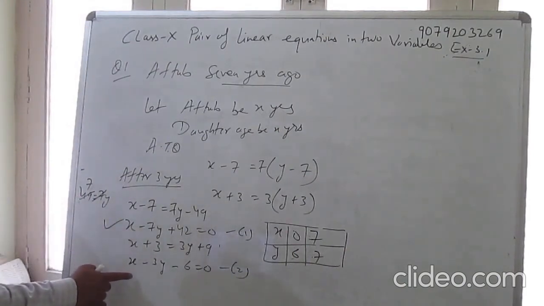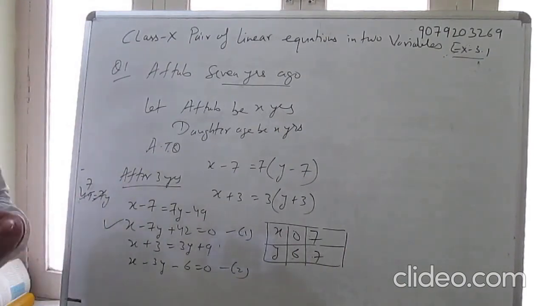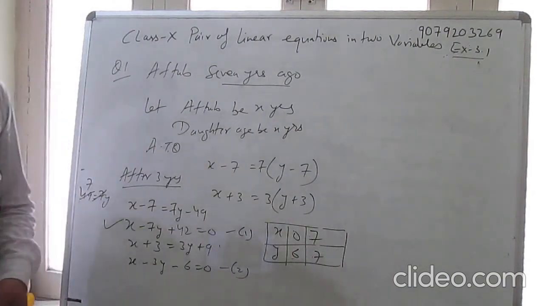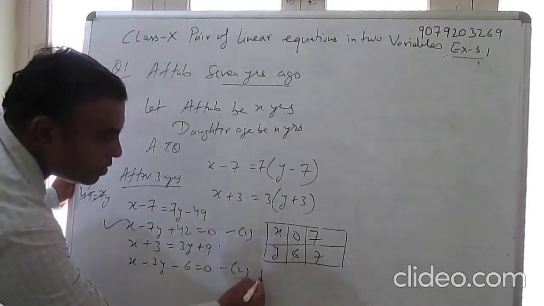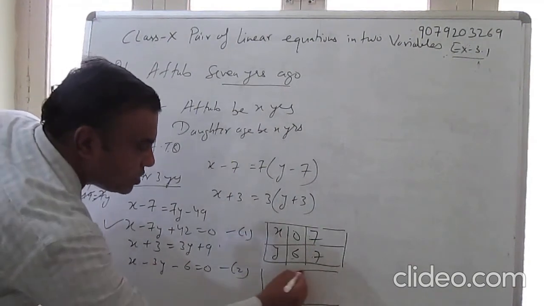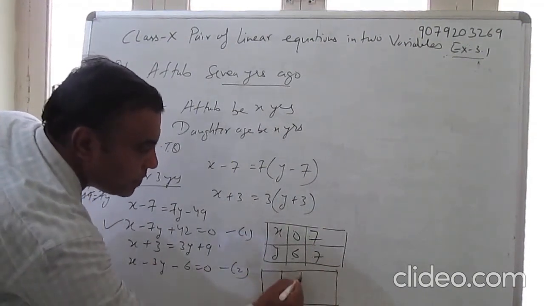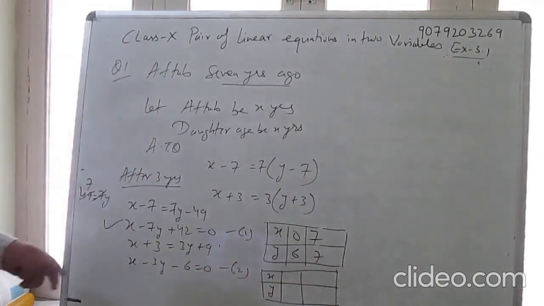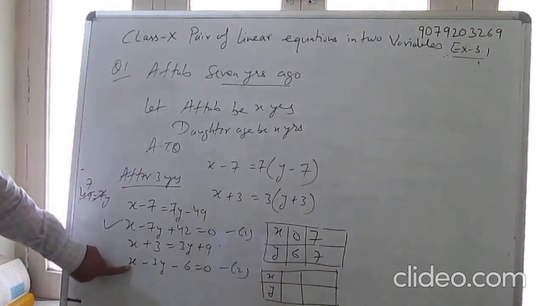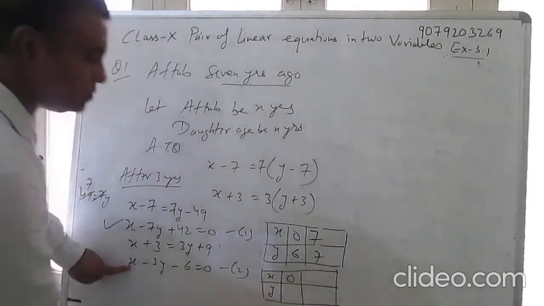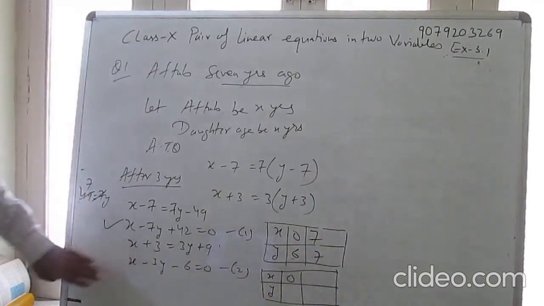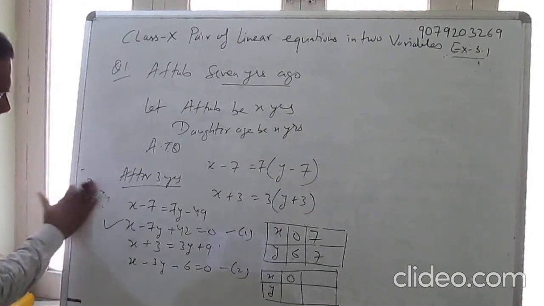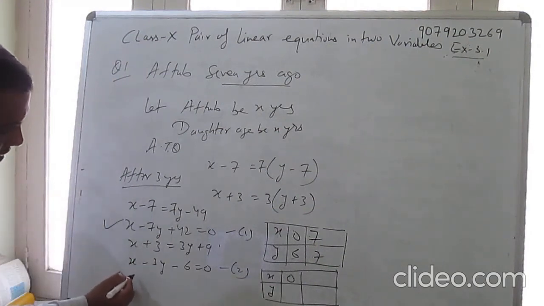Now I take 2 points, at least we take 2 points to draw a straight line. For the second equation, x and y. Now see here, if I take x as 0, what does y become?